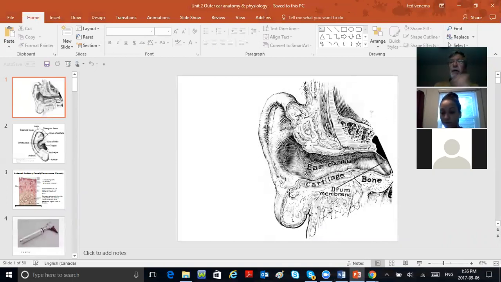Now, if you grab your outer ear and wiggle it, it's a lot like the nose, as I might have said last week. The skin at the end of your nose covers cartilage. The top of your nose, the skin covers bone. And that's the same in your outer ear. This is all cartilage here, so the skin is covering cartilage. But if you go in the inner half of your ear canal, the skin covers bone.